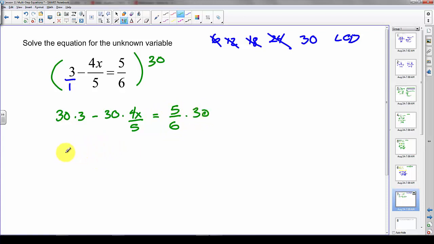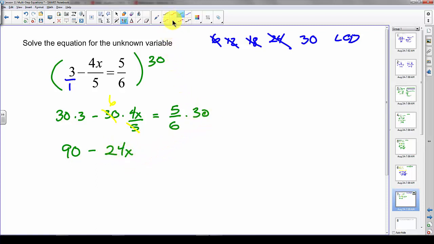So notice in this case I have 90 here, doing my order of operations. The 30 and the 5 reduce to a 6. So I have a total of 6 times 4x, or 24x.